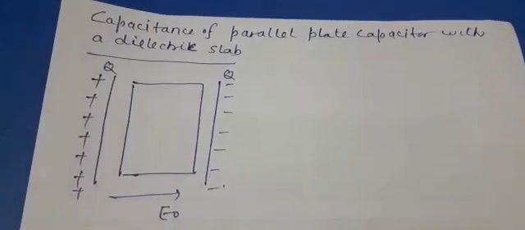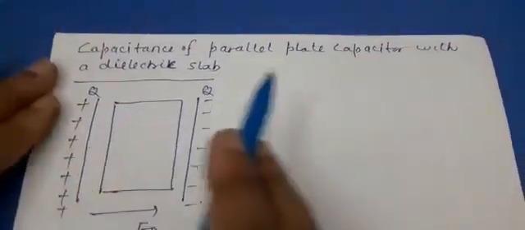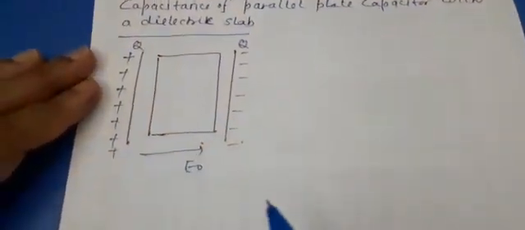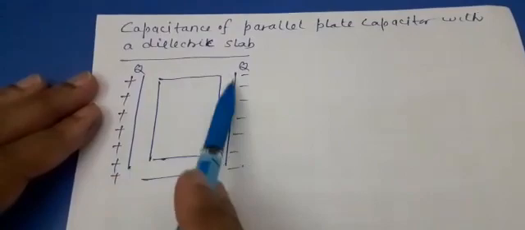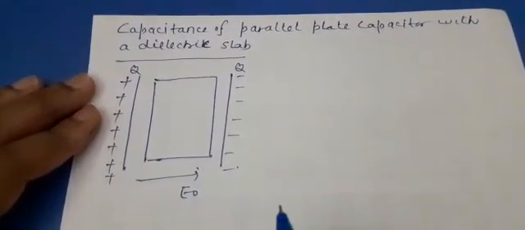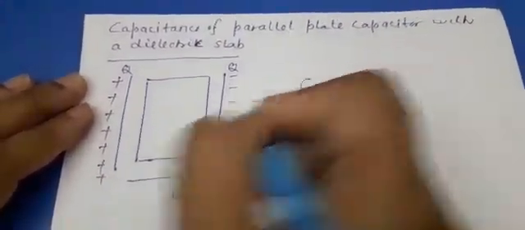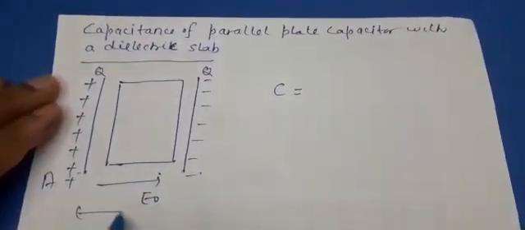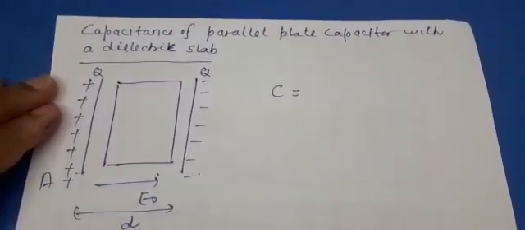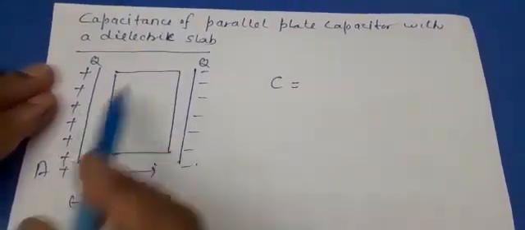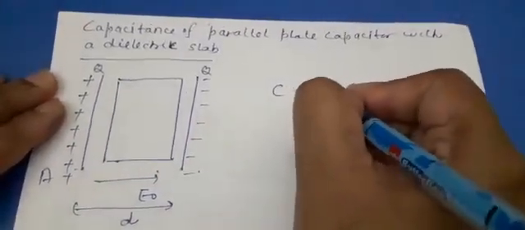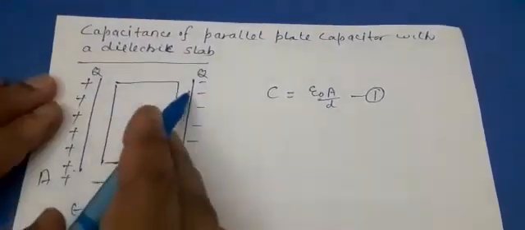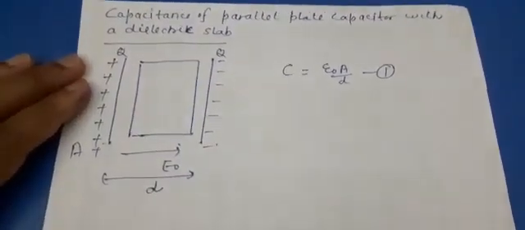Now next we have to do the derivation part: capacitance of a parallel plate capacitor when a dielectric slab is introduced in between the plates. Initially, when no dielectric was introduced, each plate has area A and they are separated by distance D. There is only air medium, so capacitance is epsilon naught A upon D, with plus Q charge and minus Q charge on the plates of the capacitor.